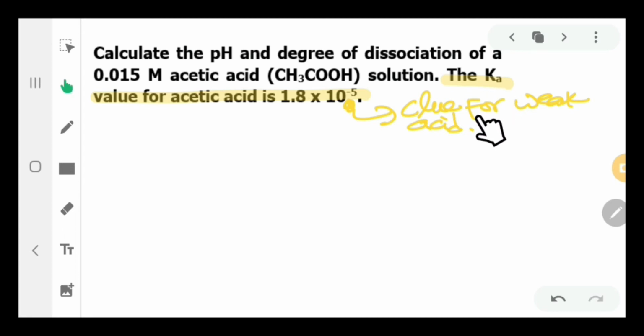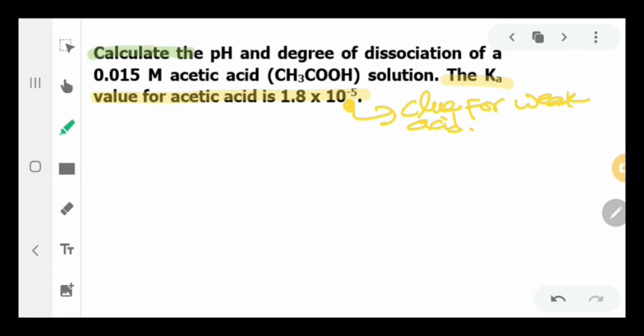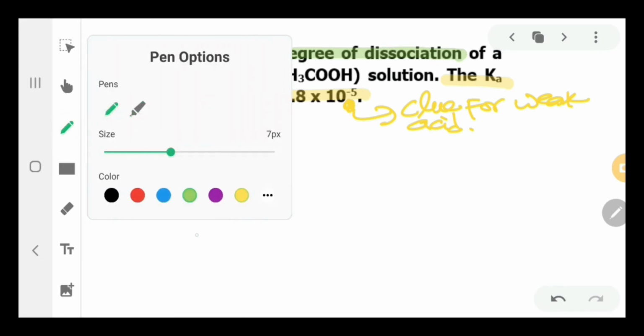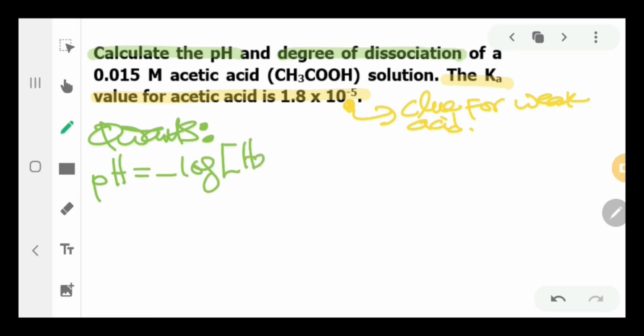Now, that is one. Second, we know that the question wants you to find pH, and now you have degree of dissociation. So the question wants you to find two things. You need to find pH, so you're going to use negative log concentration of H3O plus, and you have degree of dissociation.